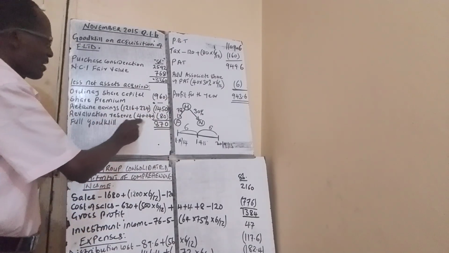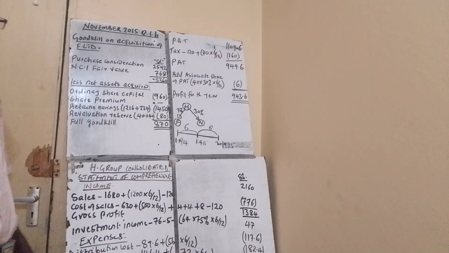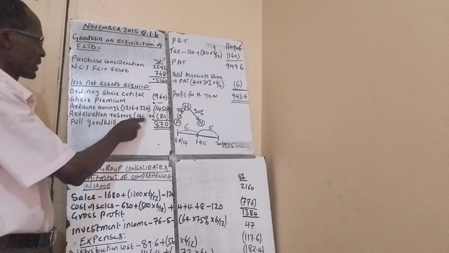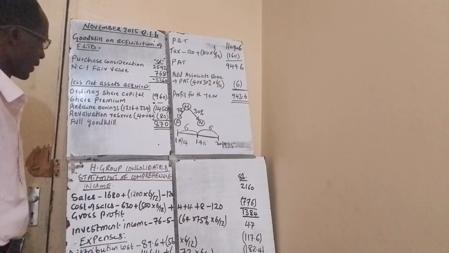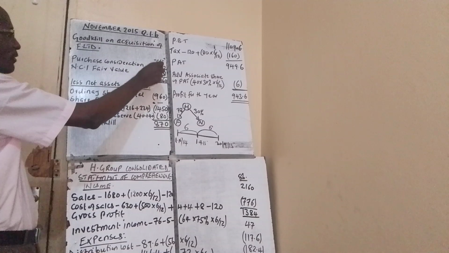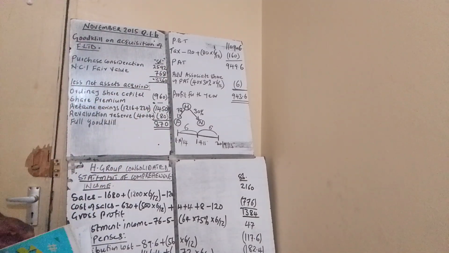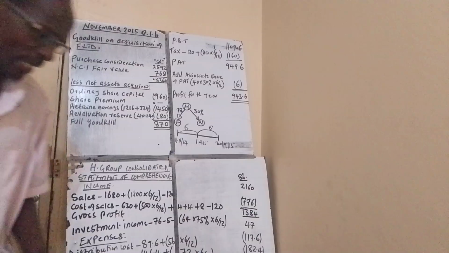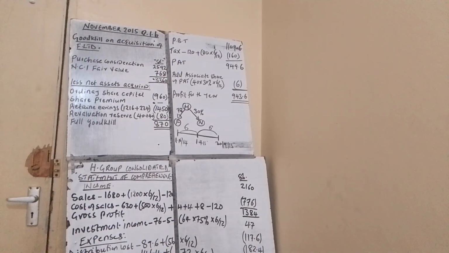Then revaluation reserve. There was a revaluation reserve for the PP and also that particular trademark, 40, and the other was 40. So you less all that, the goodwill, you get 870. So that 360 minus this portion, the goodwill is 870. Then lastly, I believe you have understood how you have calculated your goodwill.